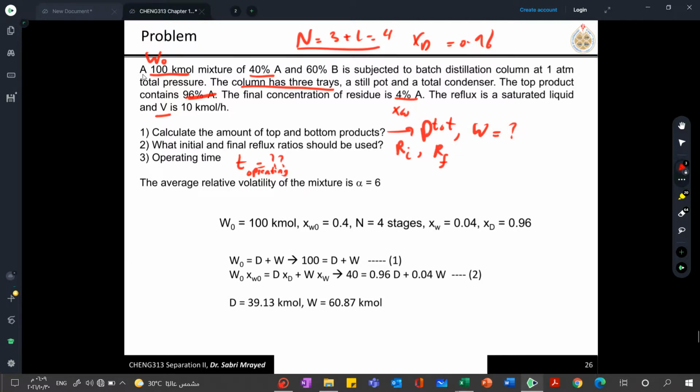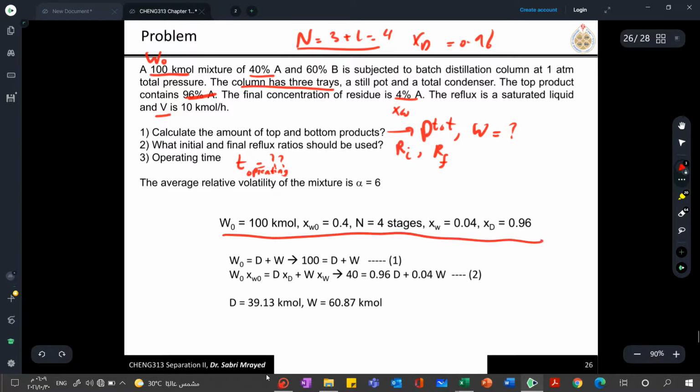First of all, the first question is a material balance, so it's easy to solve, like what the doctor put here in the slide. From the material balance, W naught equals D plus W. This is equation 1, and the component material balance will be like this.